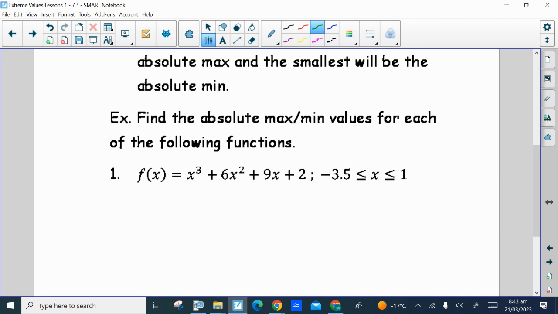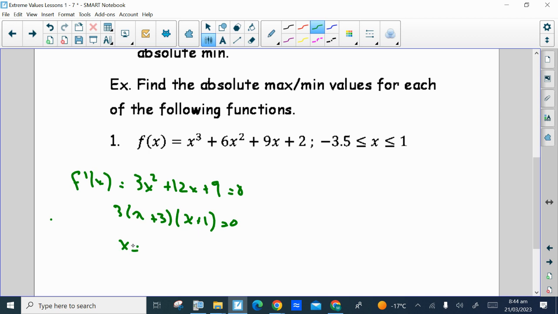So there's going to be restrictions on what x can or cannot be. So we'll start with that same equation that we did earlier. We found our critical numbers for this equation already. We factored it and got x plus 3, x plus 1 after taking out the common factor of 3.